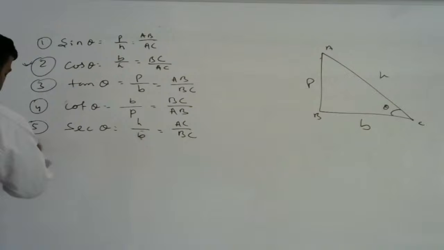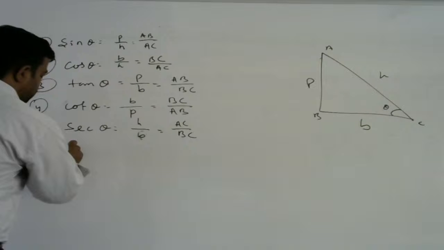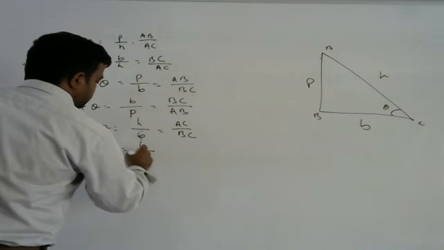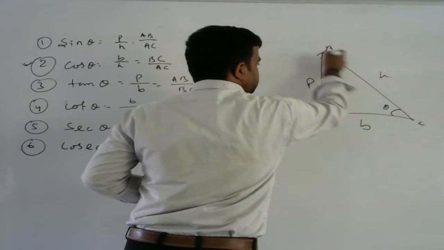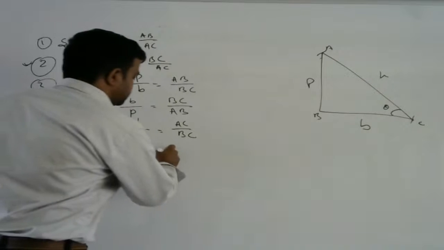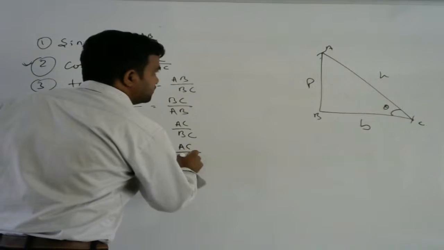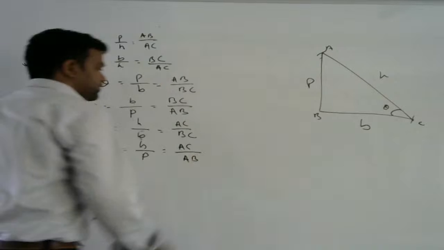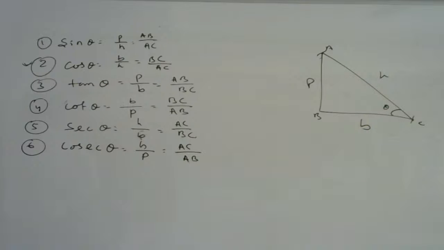And then you can see cosec theta is h by p. This is your AC, the hypotenuse, so it will be AC upon AB.